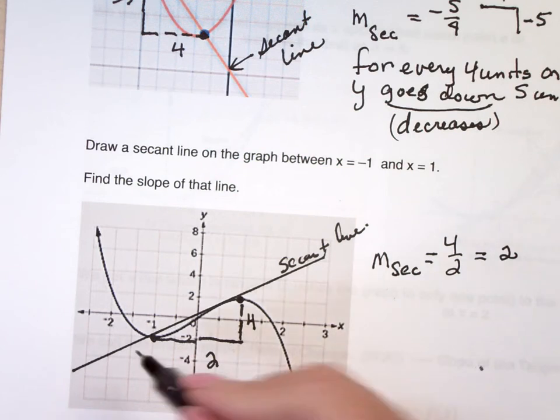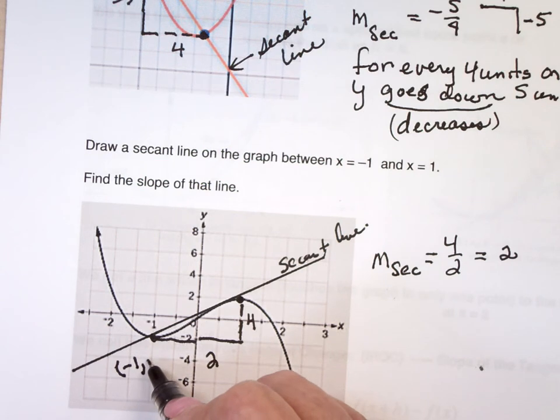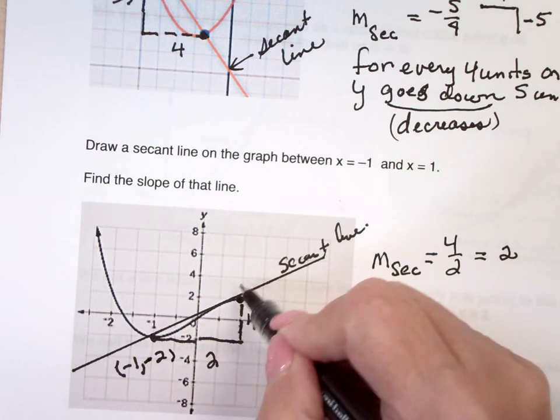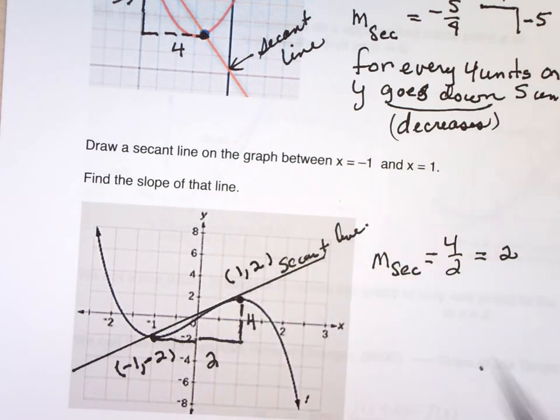Another way I could do that is just take a look at the 2 coordinate points. This one is negative 1, negative 2. And this one is 1, 2.